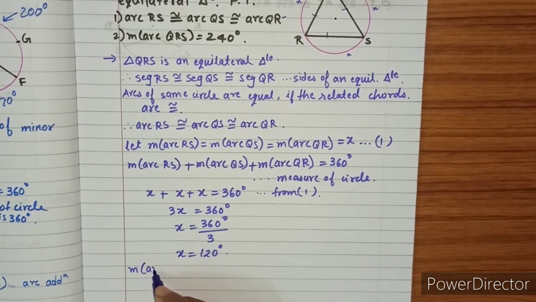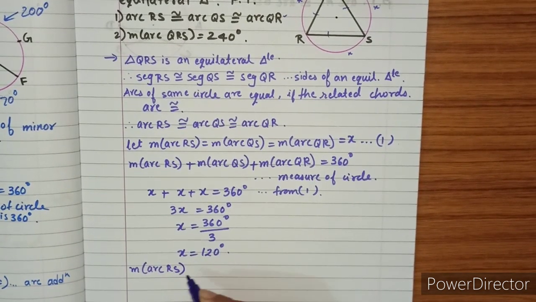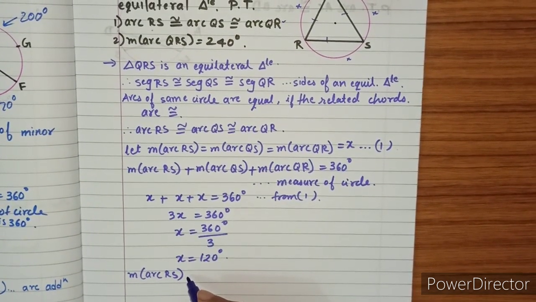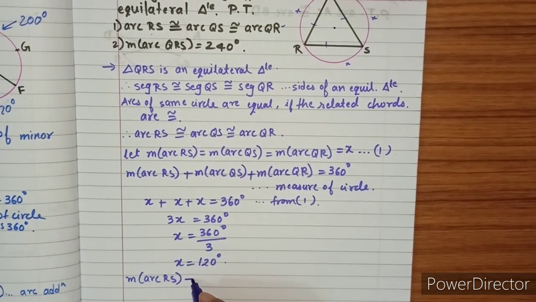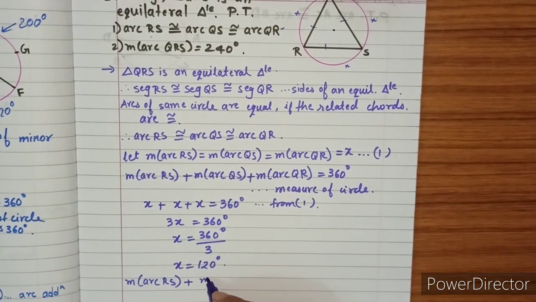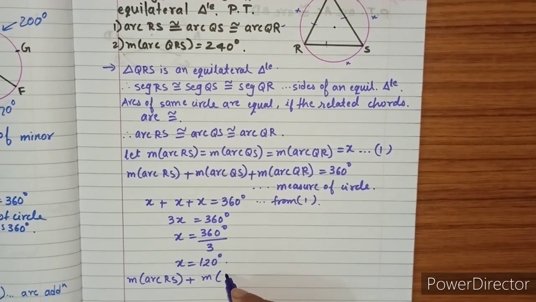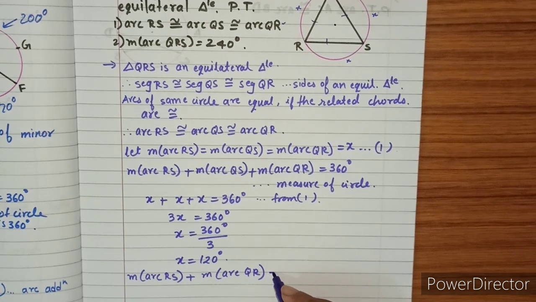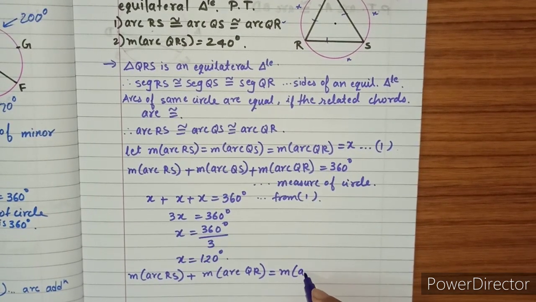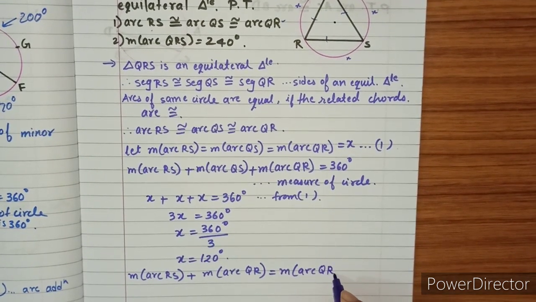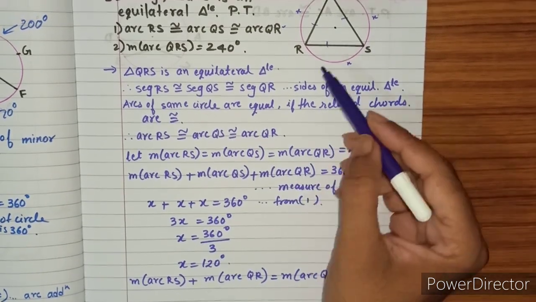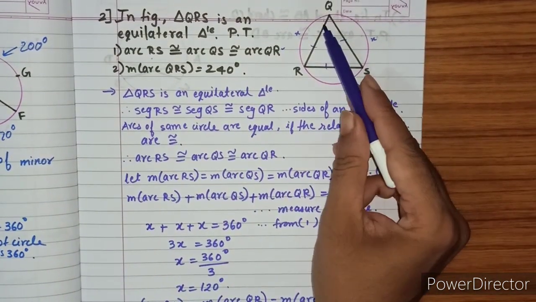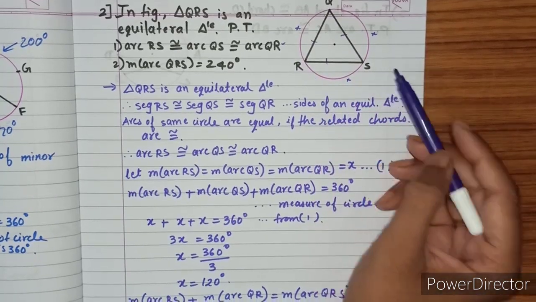So measure of arc RS plus measure of arc QR will give me measure of arc QRS. Right? I have added these two. RS plus QR gives me QRS.